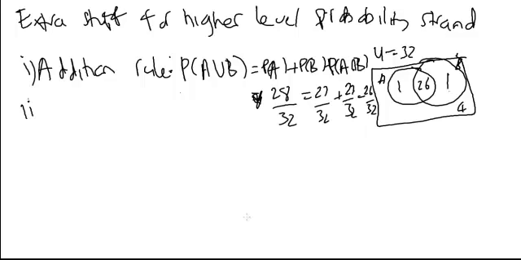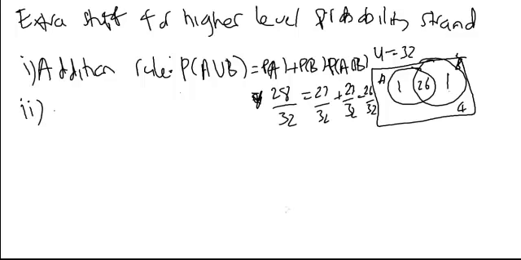A variant of that, and we mentioned this part already, is the multiplication rule, and I'd say for independent events.